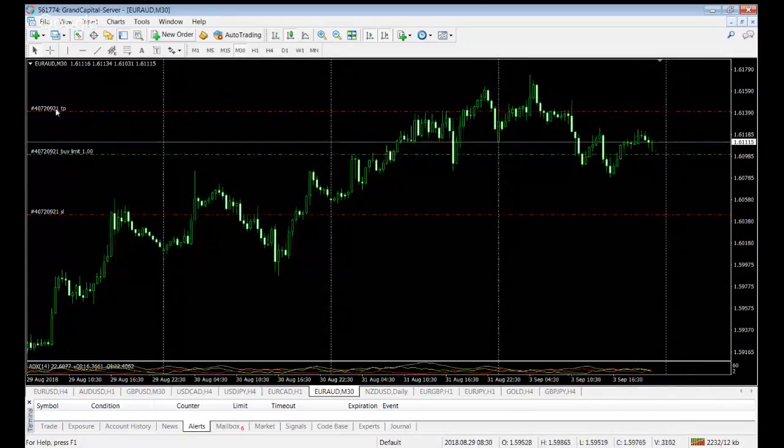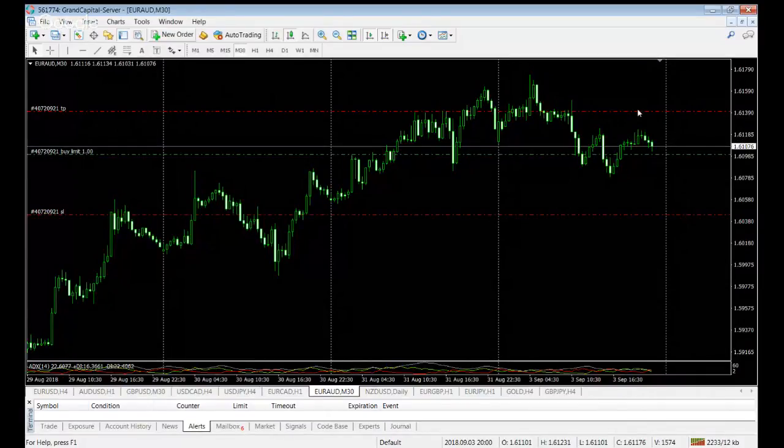So if you set your take profit here, once it triggers, it takes you out of the market and the profit will be credited instantly to your trading account. Now if, as it hits it, the market keeps going down instead, it means that you will be losing that trade.